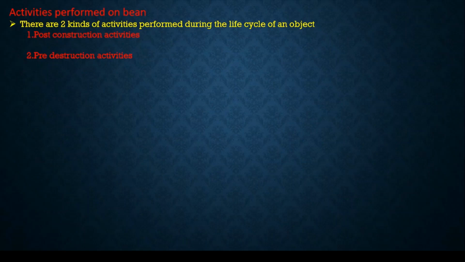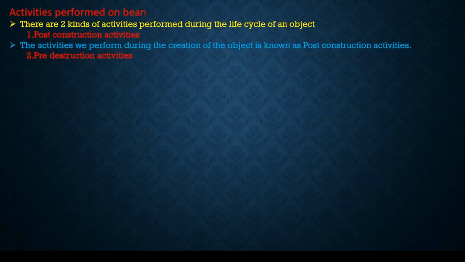We are creating the employee object. On top of the employee object, we are calling the get salary of the employee method. The activity we are performing on top of the object is nothing but post construction activities. I think you have understood that.